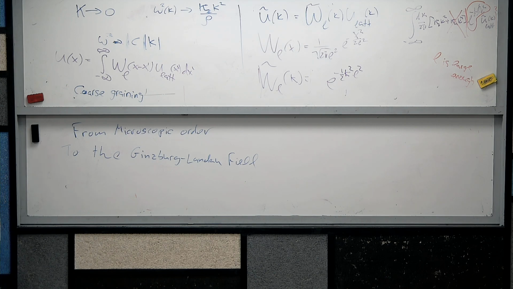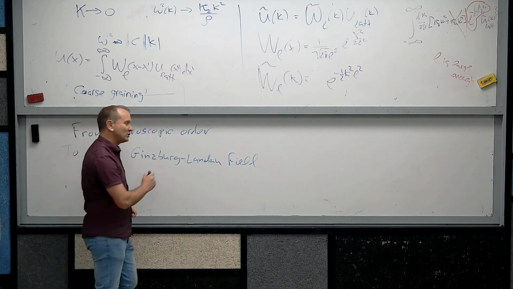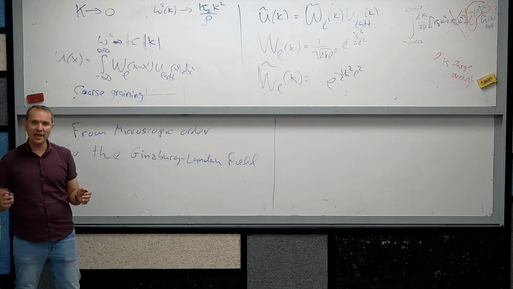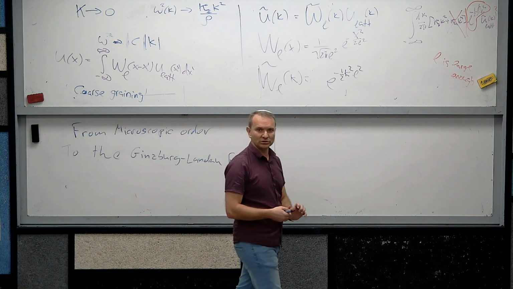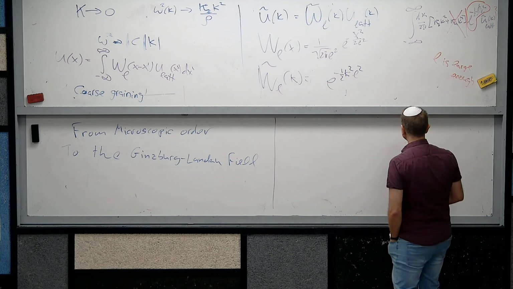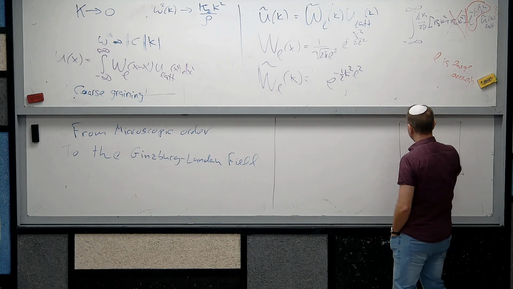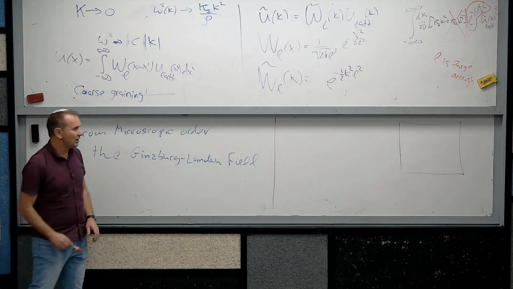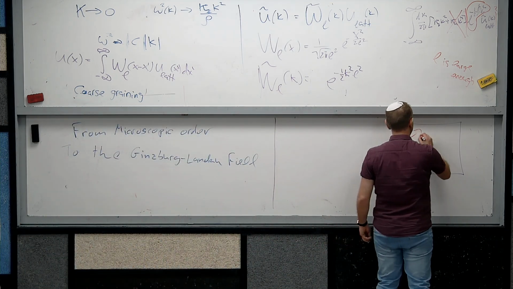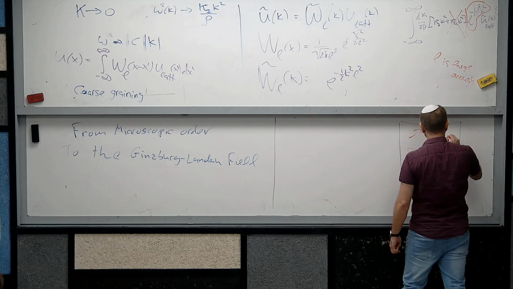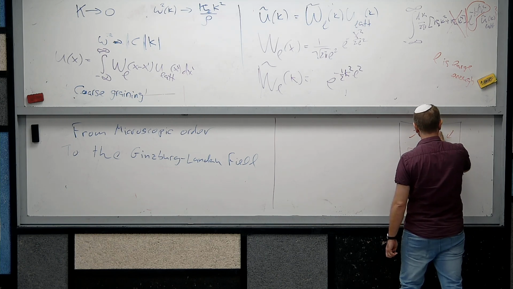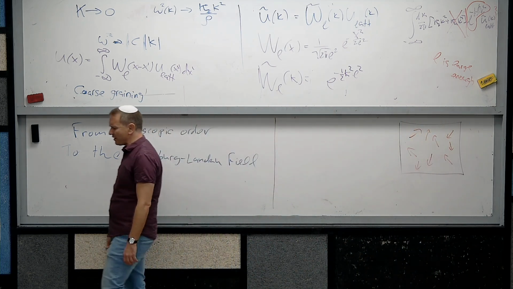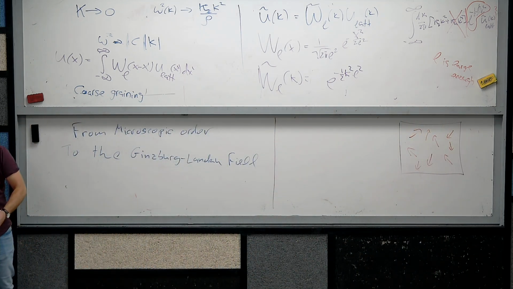The idea is as follows, and maybe it's related to your question. I know that for magnets there is some interesting behavior that occurs as a function of temperature. Let's assume that I have a magnet described by spins pointing in different directions, and they also interact with each other.